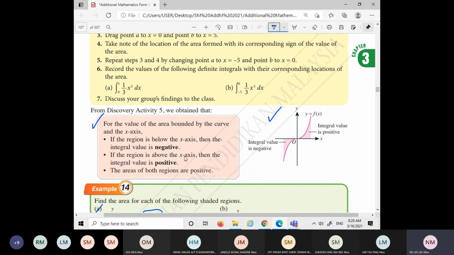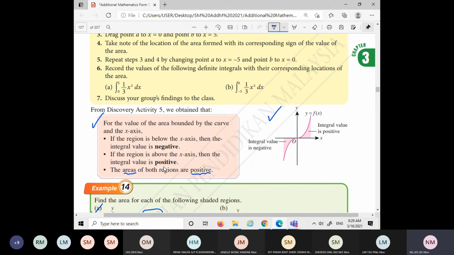If the region is above the x-axis, then the integral value is positive. The area of both regions is positive. When the question asks for the area and you get a negative integral, you still have to write the last sentence saying that the area is positive.